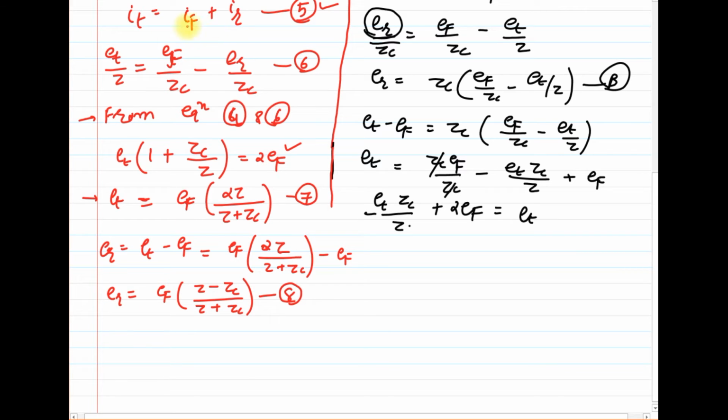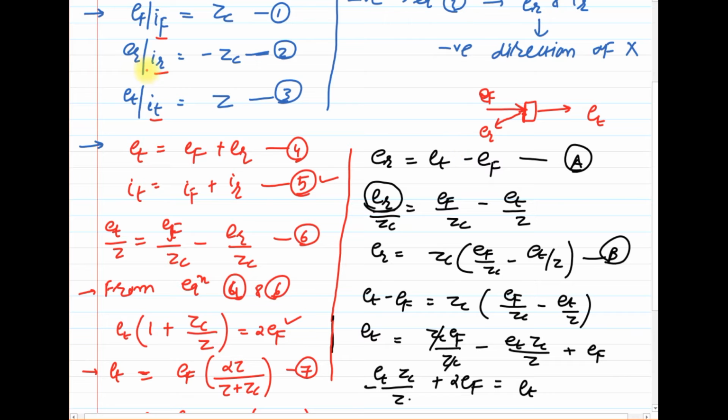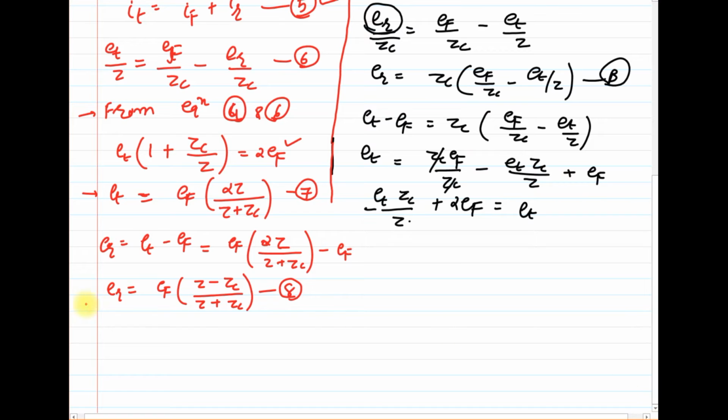Now similarly we can calculate IT and IR, from equations number 1, 2 and 3. So we will get the final answer for IT is ET by Z, and use the value of ET from equation number 7. So IT is EF into bracket 2 divided by Z plus ZC.